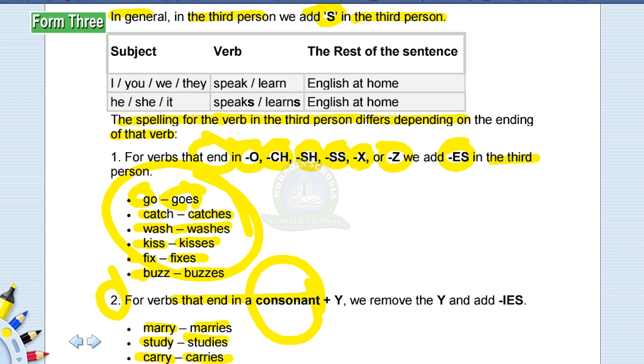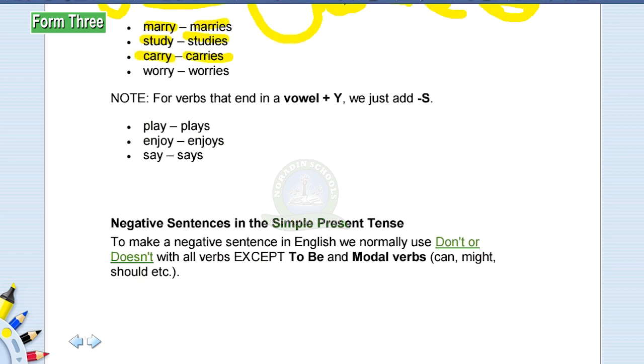Because I said earlier, for verbs that end in consonant Y, we remove the Y and add IES. This is a very important rule, my dear. Verbs that end in Y, we remove the Y and add IES. Like Mary marries, study studies, and carry carries, my dear student.